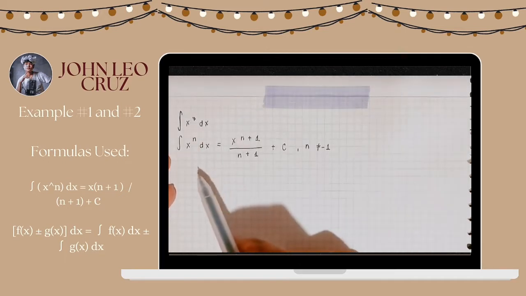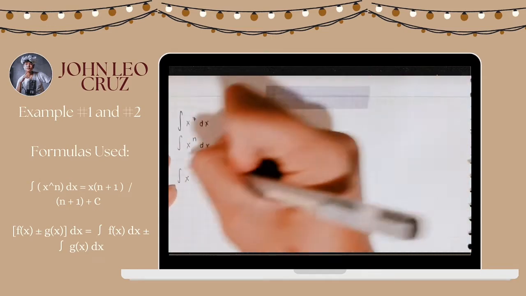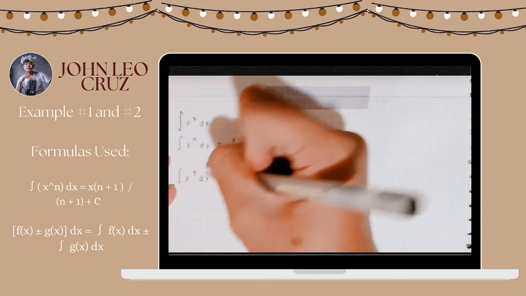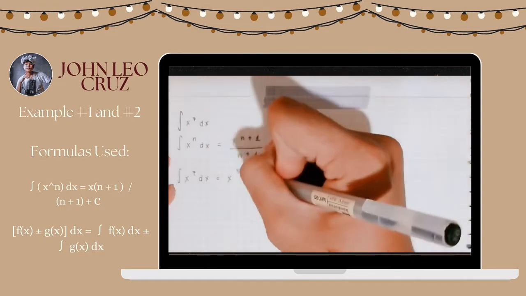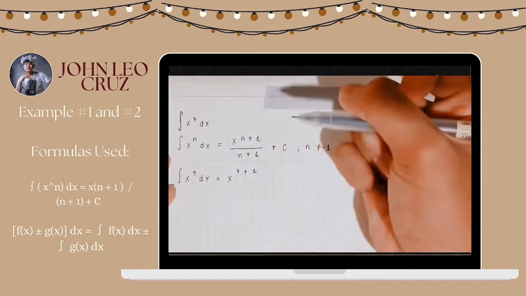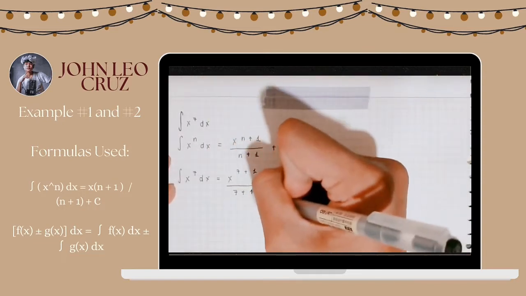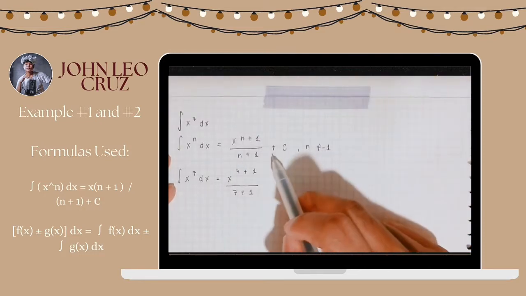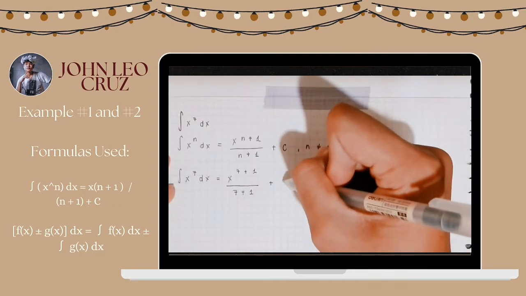So with that, the integral of x raised to 7 dx is equal to x raised to 7 plus 1 over 7 plus 1, and again the plus c is always constant, so we can copy it here, plus c.